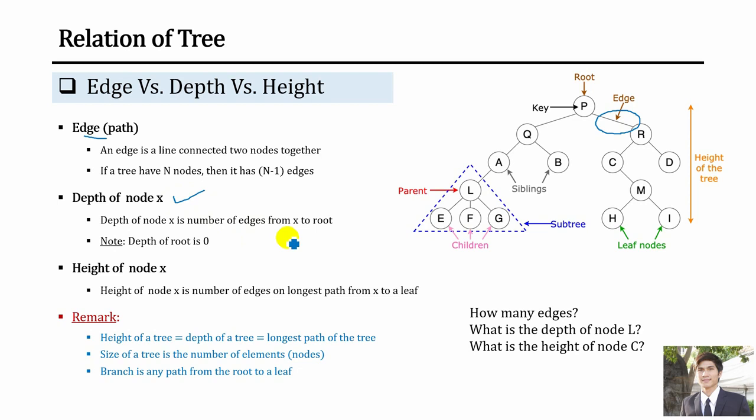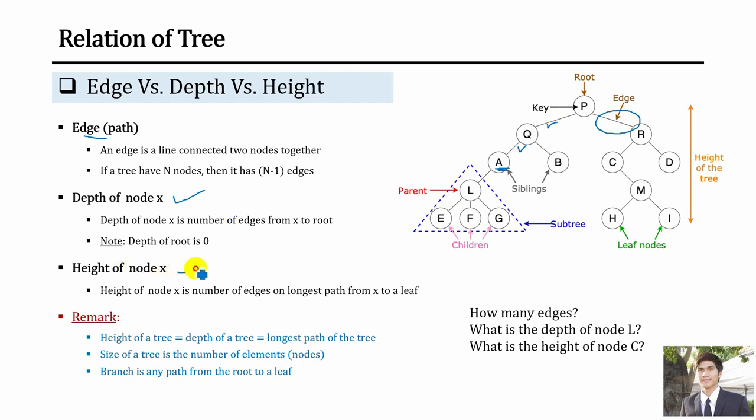This is called depth. For example, what is the depth of node A here? We count the edges from this node up to the root. We have this one edge and this another edge, so the depth of A is 2, because there are 2 edges up to the root.